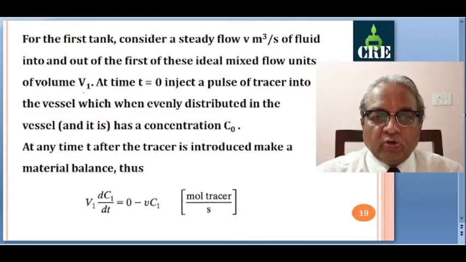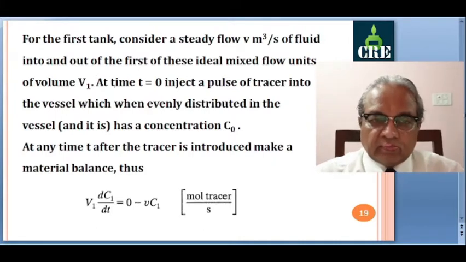So the first unit is of volume V1, then V2, V3 and up to Vn, and all are equal. So V1 is equal to V2 is equal to Vn is equal to V_i, where i is the counter. Similarly, t1 bar is equal to t2 bar is equal to t_i bar.